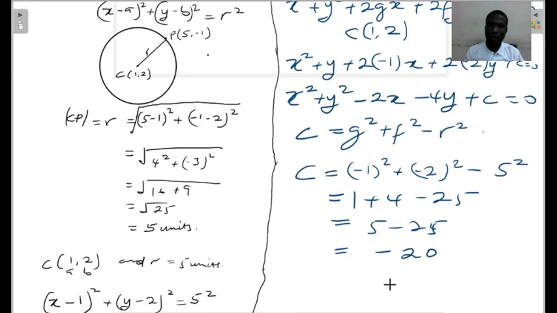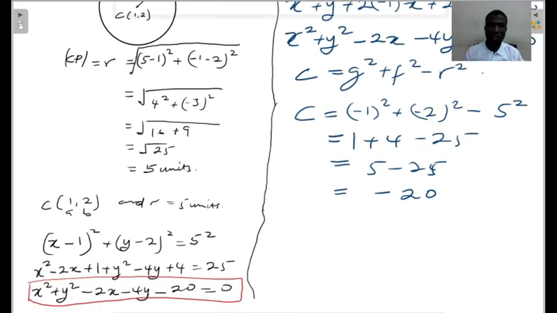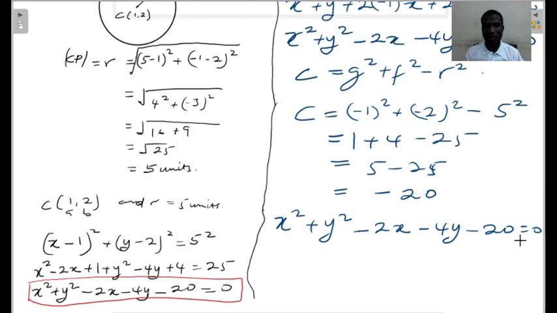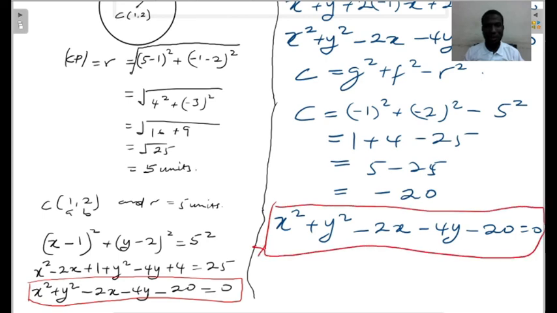So substituting this into the formula here, we are going to have our final equation of the circle to be x squared plus y squared minus 2x minus 4y minus 20 equal to 0, which after everything is the same as what we have here.